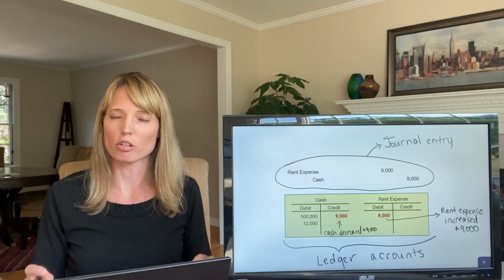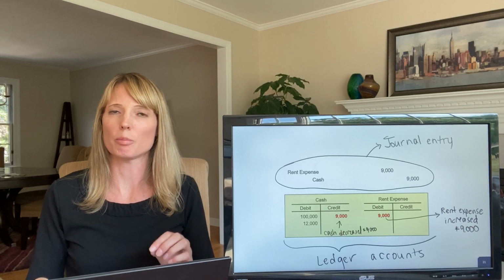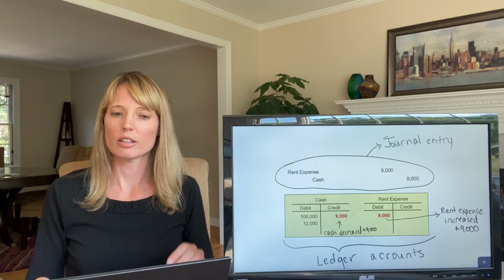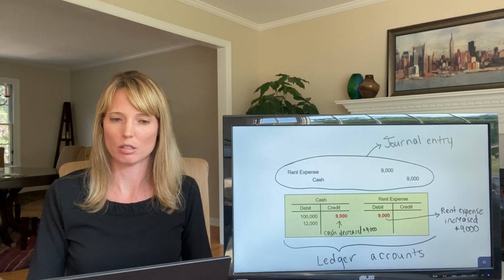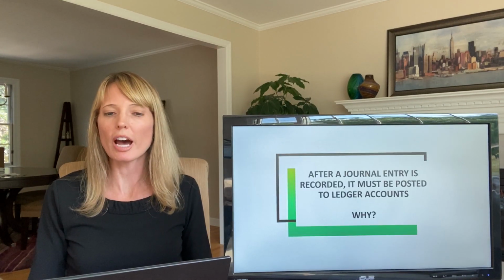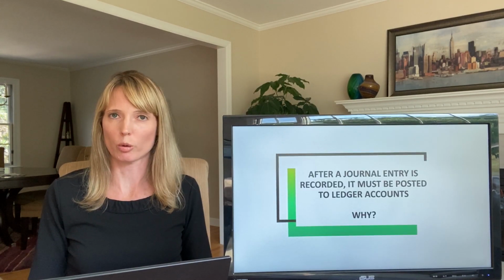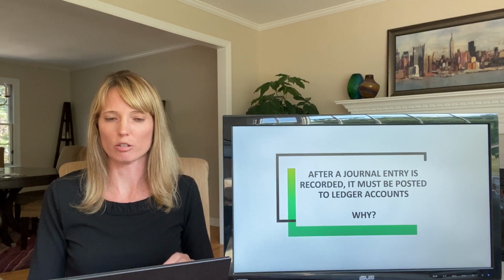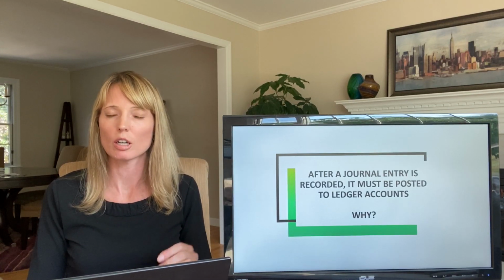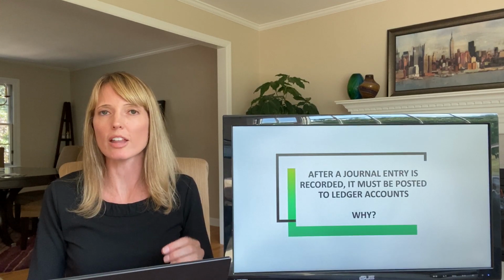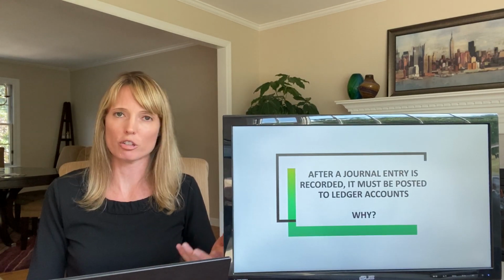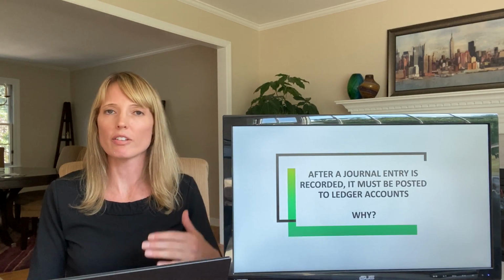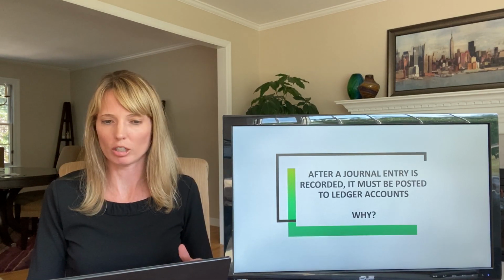These journal entries don't tell us what our final balances are. They tell us the change to specific ledger accounts. So remember, after each journal entry is recorded, the change to the accounts must be posted. Why? Because we need to get that final balance correct. Once I spend $100 cash, I have a new balance in my cash account.